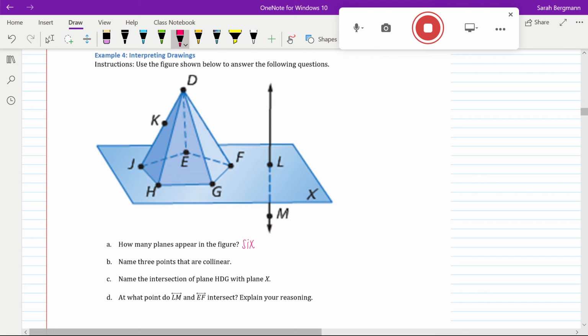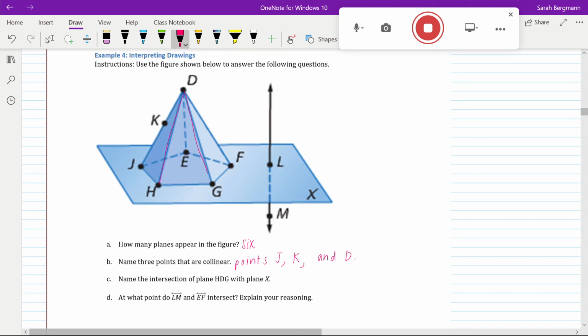Next, name any 3 points that are collinear. I immediately saw these 3 points here. They are all on the same line, so I would call them points J, K, and D. Next, name the intersection of plane HDG with plane X. So let's find HDG.